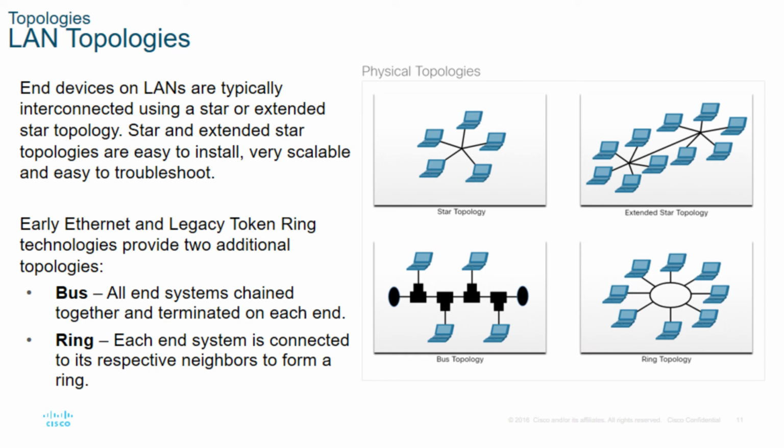At times there may be only two devices connected on the Ethernet LAN. An example is two interconnected routers. This would be an example of Ethernet used on a point-to-point topology. And early Ethernet and legacy token ring LAN technologies included two other types of topology. Number one is bus, and number two is ring.